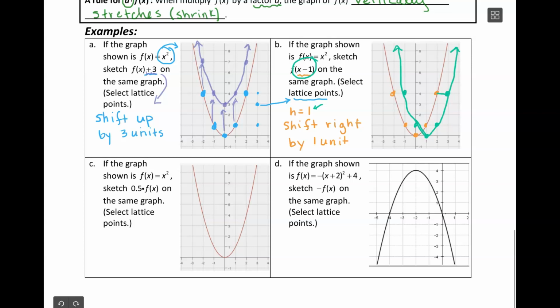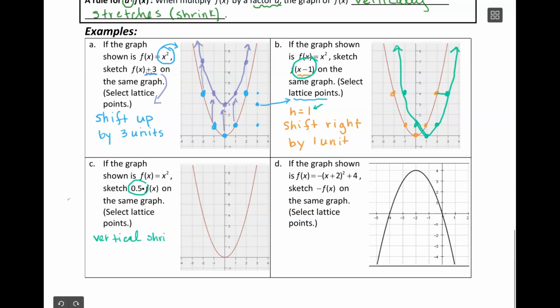Okay, let's see, it's shown on the same graph. So this one, we're multiplying our function by 0.5. So what does that mean? This is actually one of those shrinks. What this is going to be is a vertical shrink or stretch.